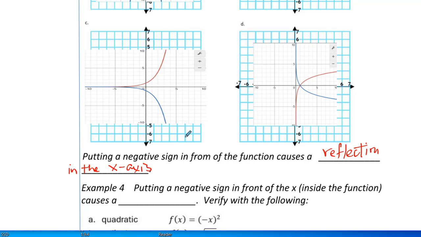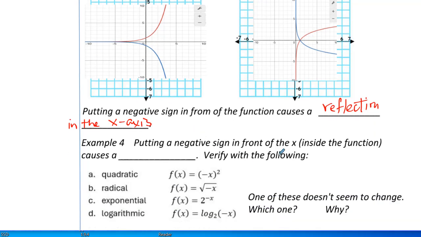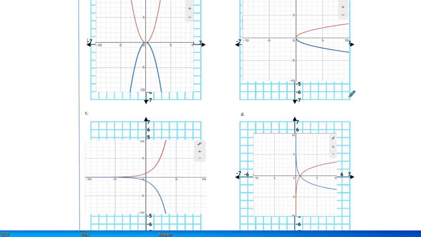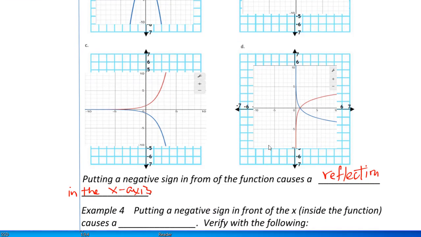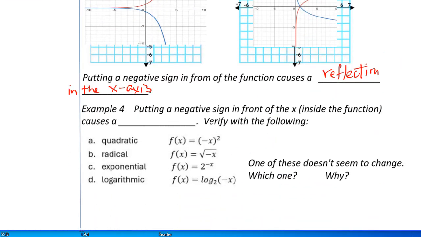All right. Now, what about putting a negative sign in front of the x inside the function instead of outside? Because if you notice these here, I have the x's out front. What if I put the x inside? Let's just take a look at those. Bring over my first one. We have the parabola.